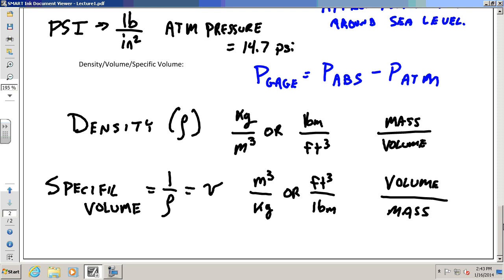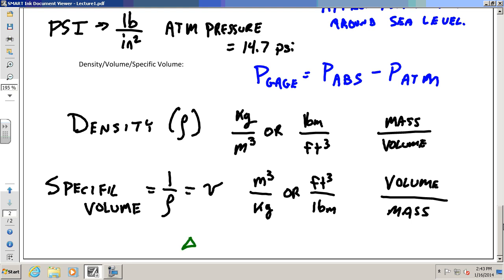Last but not least, this is important for what we're going to do with our little group exercise. There is a very important relationship between pressure and density, or specific volume, but I'm going to express this in density.